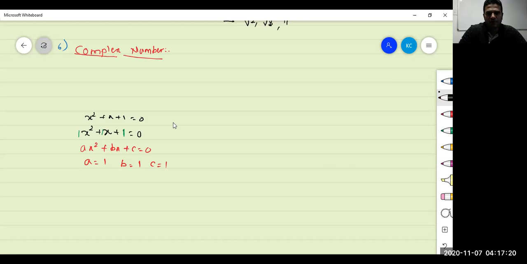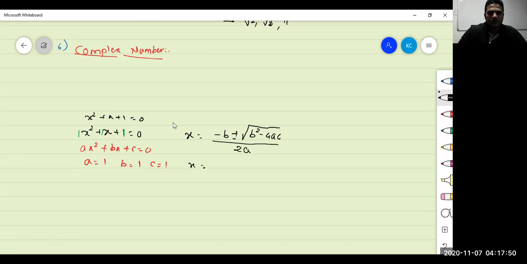What is that formula? x equal to minus b plus or minus root of b square minus 4ac divided by 2a.